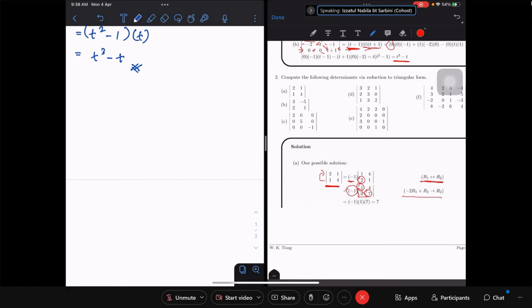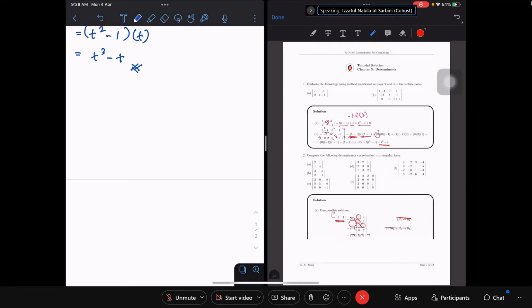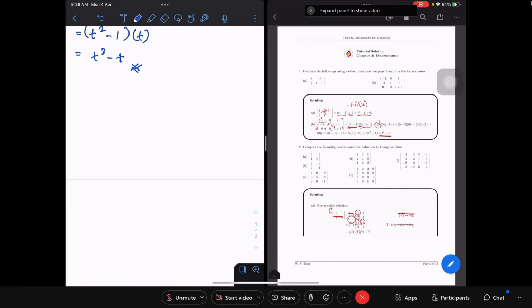You have to look at that too, alright? So that's why it's negative 1 times 7. So your determinant equals 7. So that is the 2 by 2. Wait a moment.